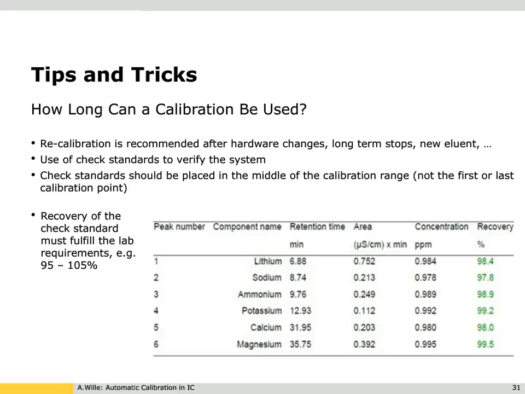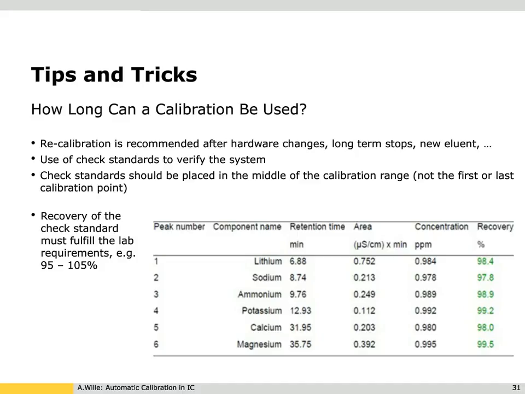Here the recommendation is to use check standards to verify your system. And with the check standards, be careful that the check standards are placed in the middle of the calibration range, not the first or the last calibration point. The recovery of the check standards must fulfill your lab requirements.